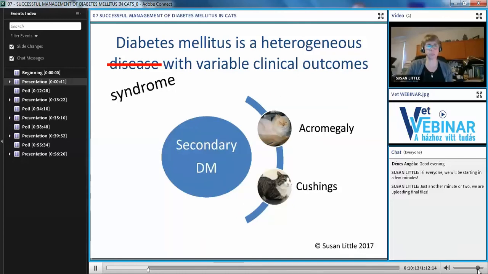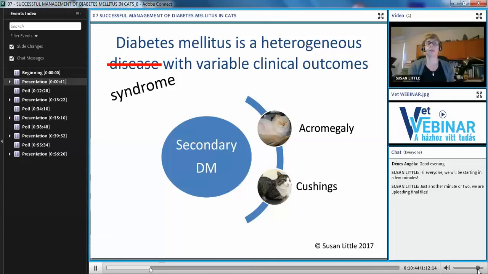Very occasionally, we will see a cat with a secondary diabetes mellitus that is secondary to another underlying endocrine disease. And probably the two most common endocrine diseases that can lead to diabetes are acromegaly and Cushing's disease, or hyperadrenocorticism. And in both of these cases, cats have typically other clinical signs that point to another disease state.